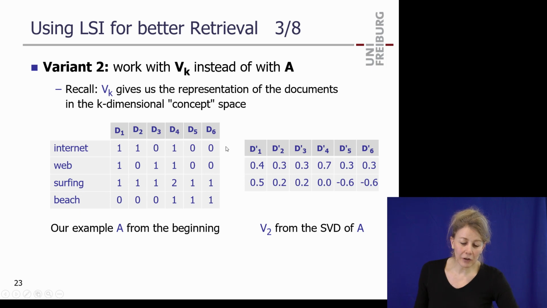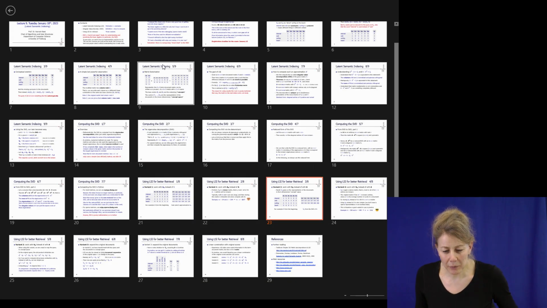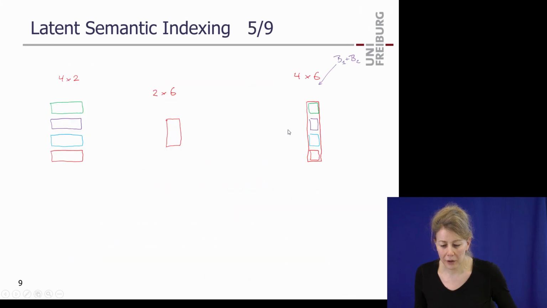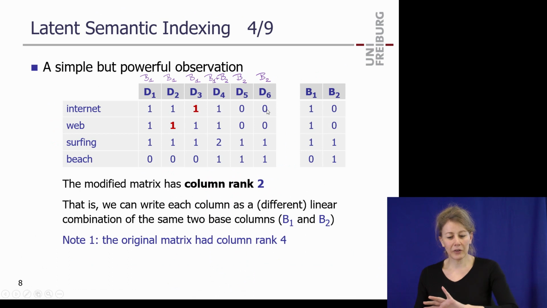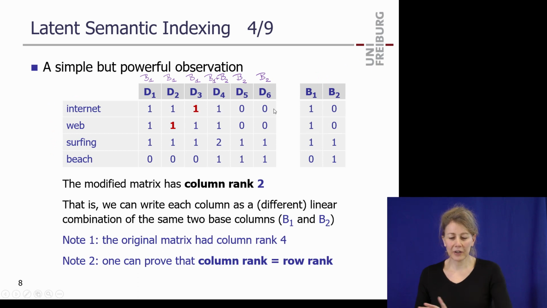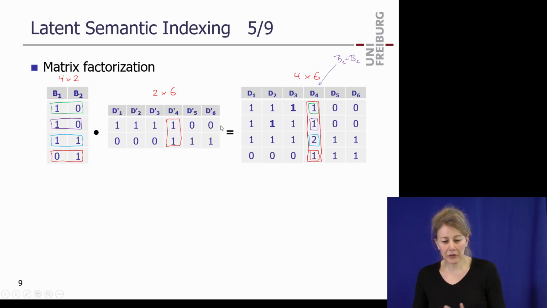So instead of working with the original matrix, and maybe let me go back once more to make it absolutely clear. Instead of working with this matrix, I could just work with this matrix here.